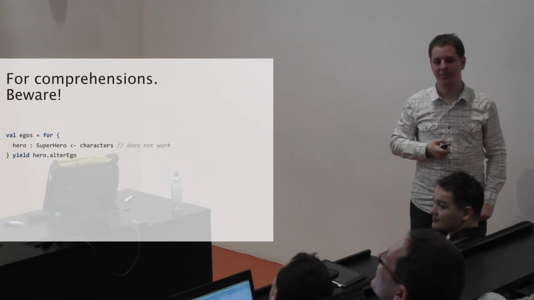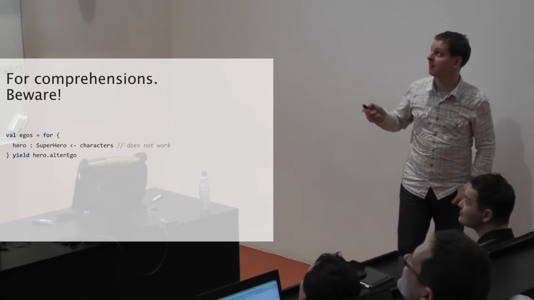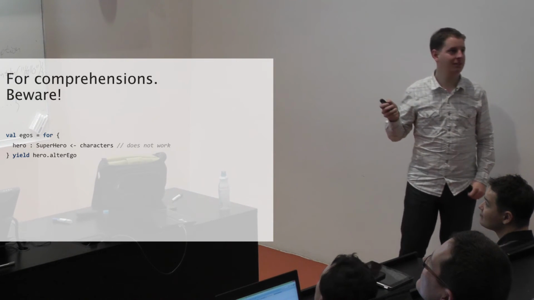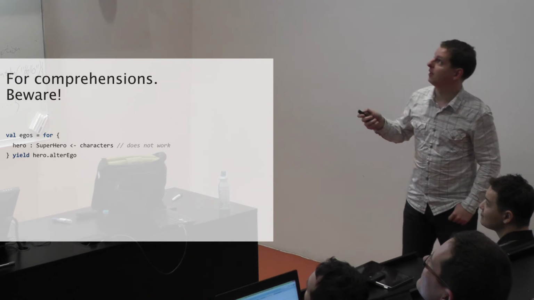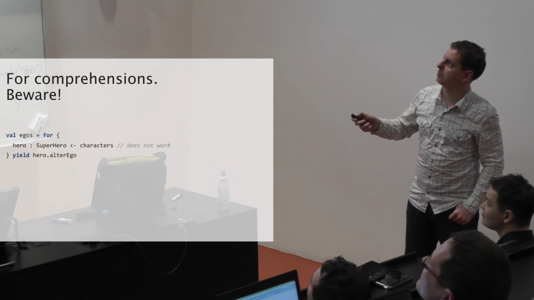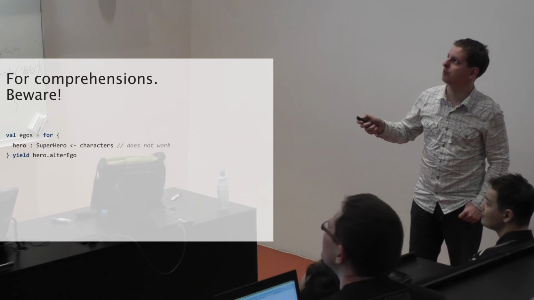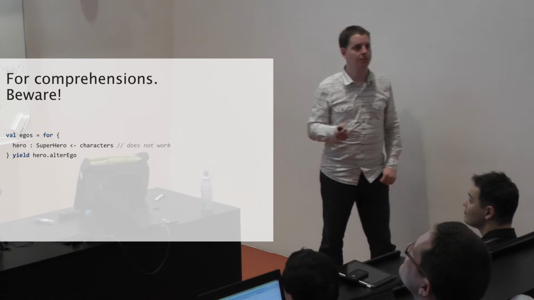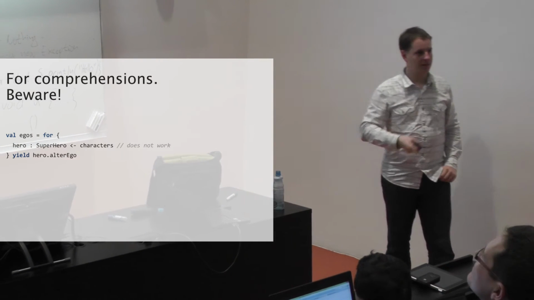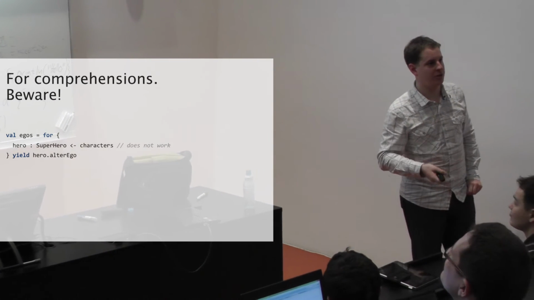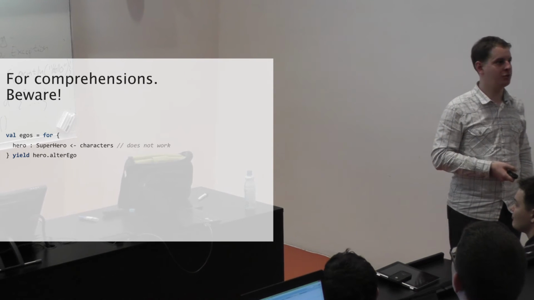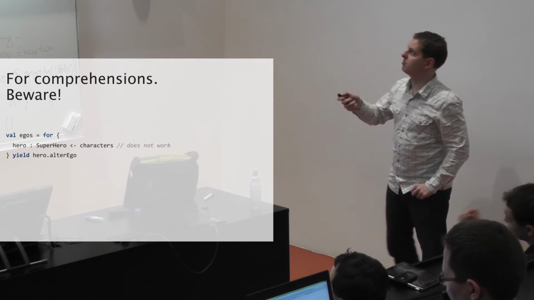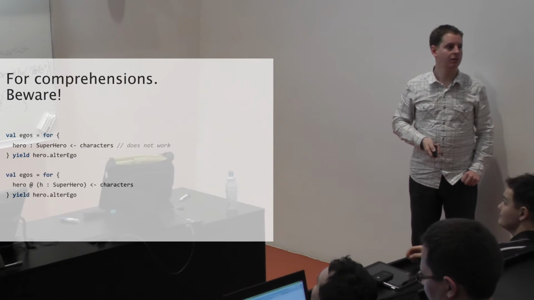You mentioned the superheroes. Yes, there is a bunch of characters. You know that a character might be a civilian, a superhero, or a villain. But it matches only superheroes. And for each superhero, it returns his alter ego. And if it's not a superhero, it will skip it. For comprehension does not throw a match error, if it doesn't match the pattern, it will skip it. It's different behavior. But this just does not compile.